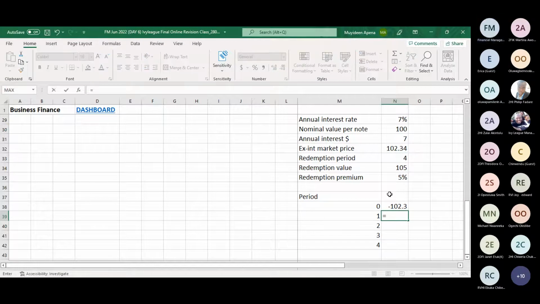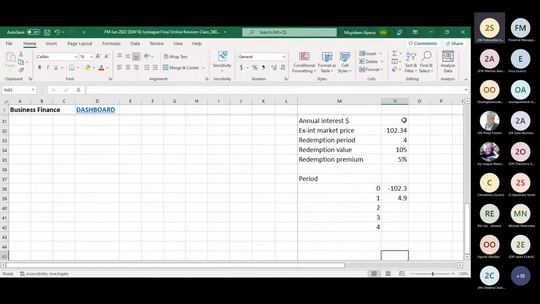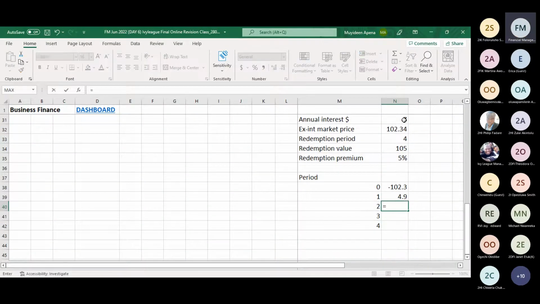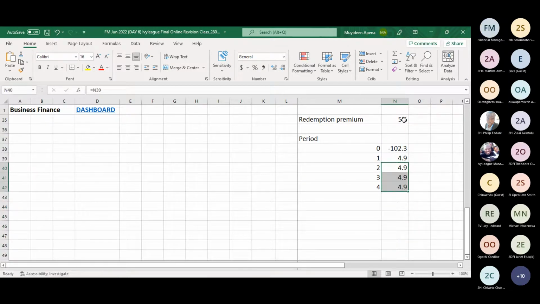Year 1: 7 times the interest rate, rather times the tax rate, so 1 minus t. That gives 4.9, and that will happen throughout up to year 4.